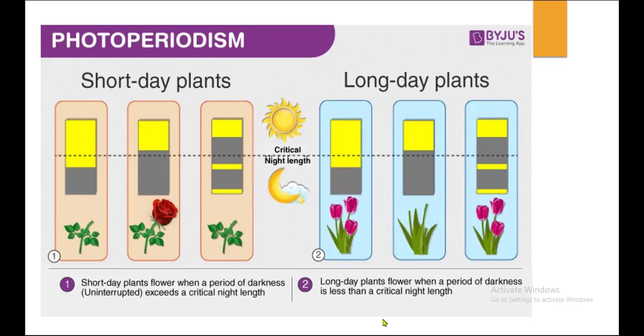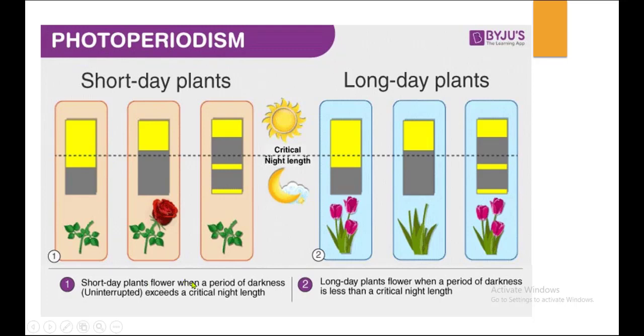See, short day plants, long day plants. Short day plants flower when a period of uninterrupted darkness exceeds a critical night length. See, the middle dotted line represents the critical length. The dark portion represents the dark period, and the light portion represents daylight, sunlight. So this is the critical length.